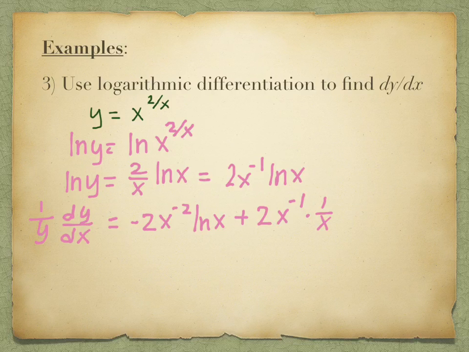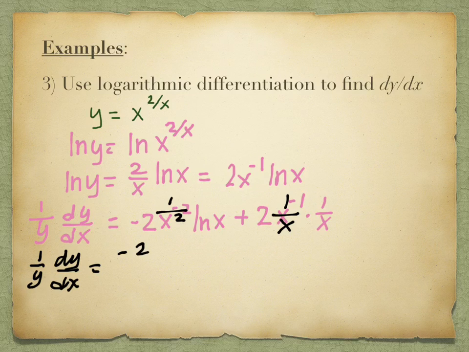Now, if it helps you to see this rewritten, I'm going to write it over here. This is actually 1 over x squared, right? And this is 1 over x right here as well. So I'm going to rewrite that cleaned up a little bit, but here's 1 over y dy/dx. The 2 is not in the denominator, although it sort of looks like it the way that I've got it written. This is negative 2 on top, x squared on bottom, and then ln x to the side.